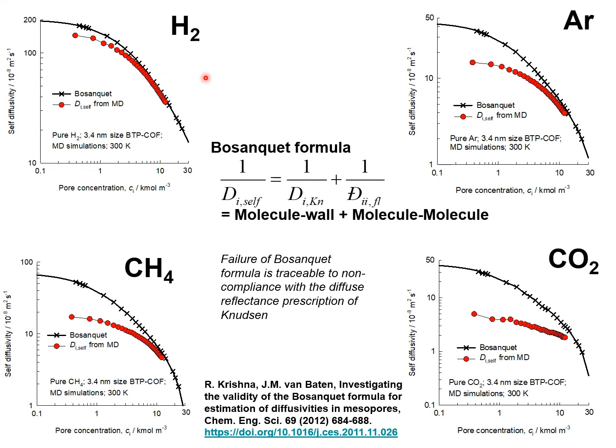And the agreement is significantly poorer for argon at low concentrations, but as the pore concentration increases, the x-axis plots the pore concentration in units of kilomoles of guest molecule per cubic meter of pore volume.